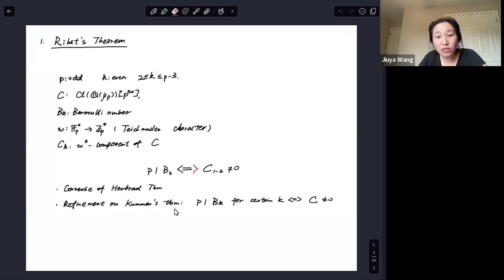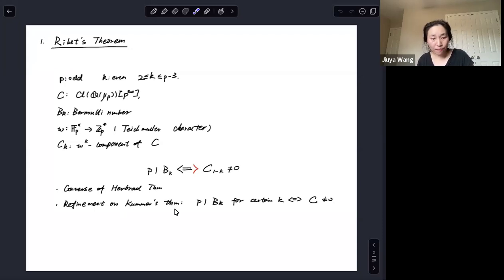So this is an algebraic object, and we also have the analytic object, which is the Bernoulli number. Then it is Kummer's theorem that you can find a connection between the algebraic object and the analytic object: the p-part of the class group is non-trivial if and only if p divides the Bernoulli number for certain k listed here.